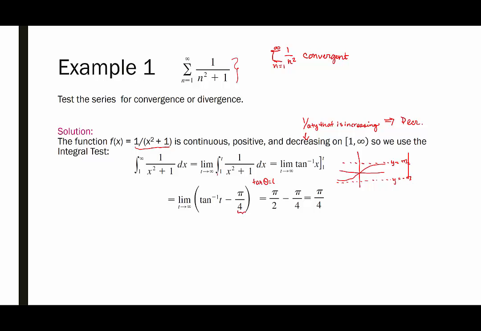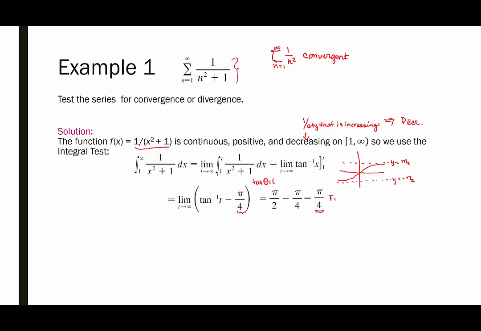We see as the value of t grows to infinity, we're spitting out outputs of the inverse tangent function close to pi over 2. As the value of the tangent gets greater and greater, this corresponds to angles closer and closer to pi over 2. So pi over 2 minus pi over 4 is pi over 4.